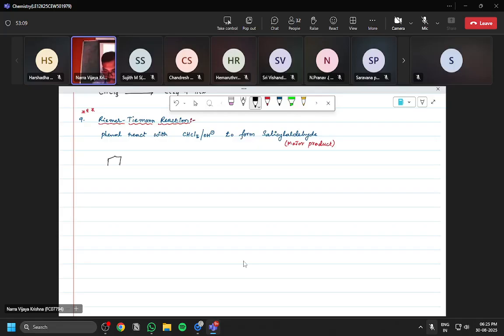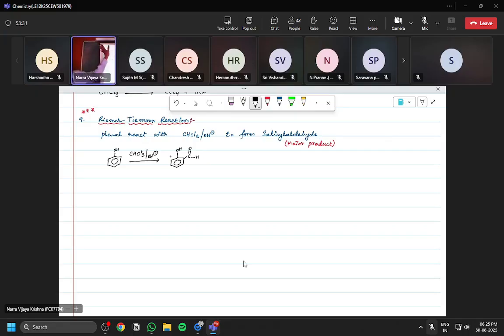Observe the reaction. This is phenol allowed to react with CHCl3 in the presence of base. The product will be, here I am writing OH, here I am writing aldehyde. Salicylaldehyde is the major product. Right?